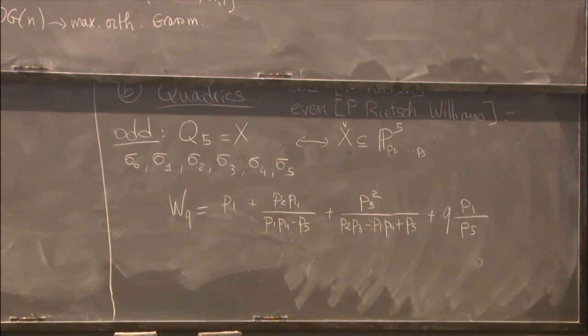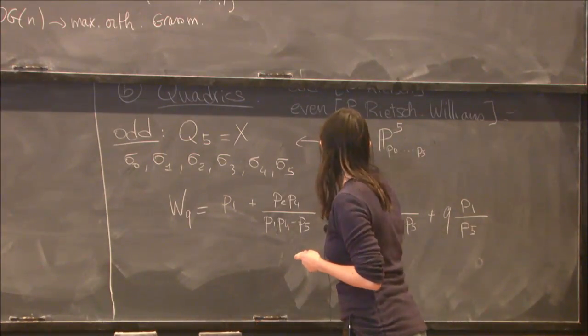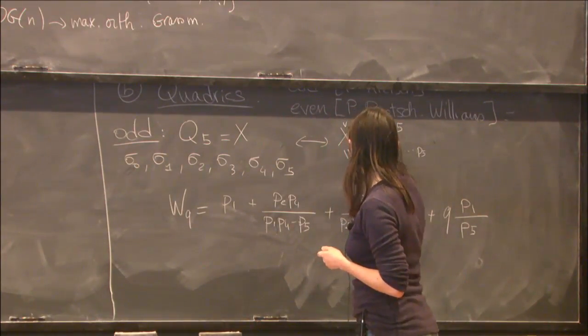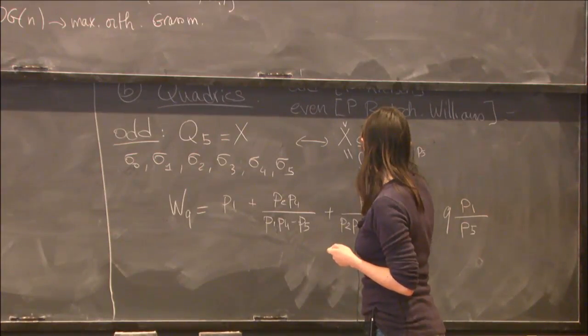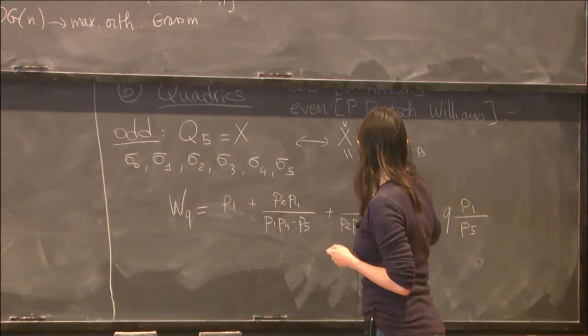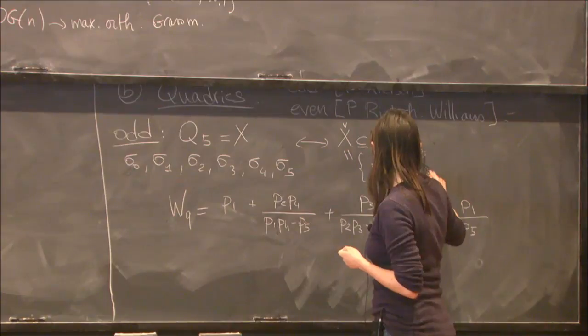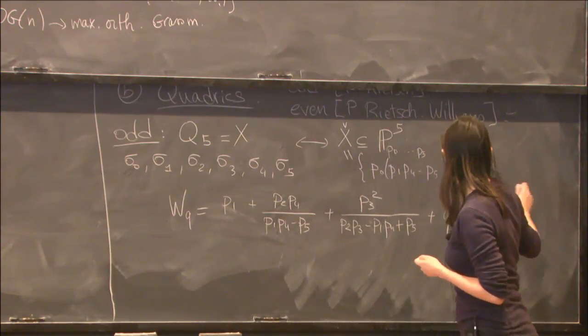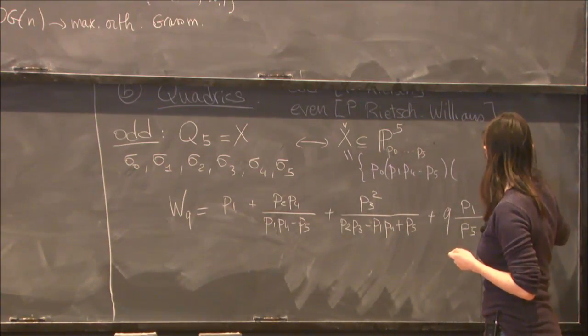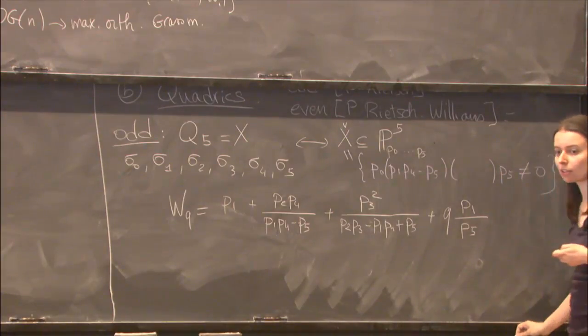The mirror is just the complement of where the denominators are, so it's just where P0, P1, P4 minus P5, etc. are non-zero. Yeah.